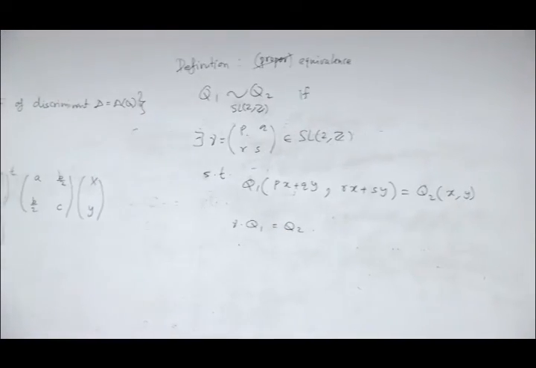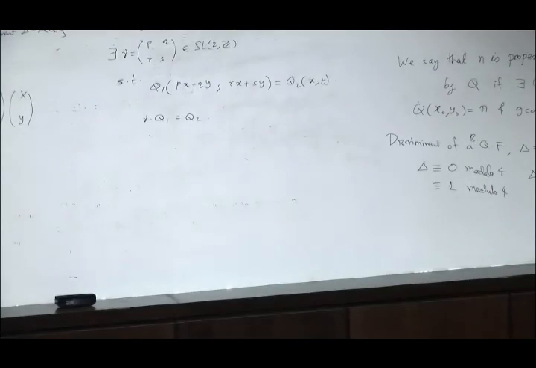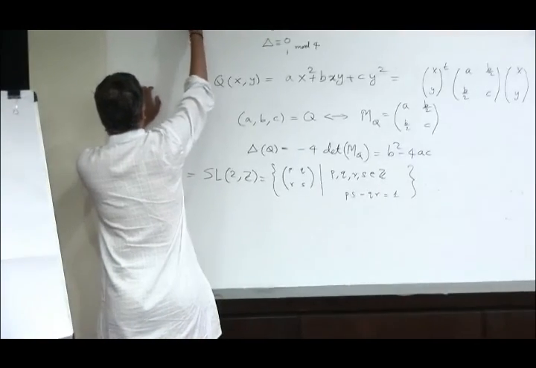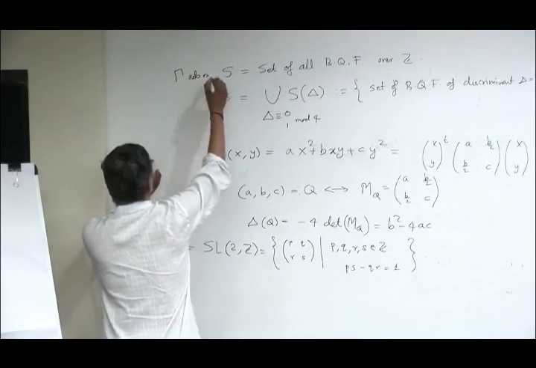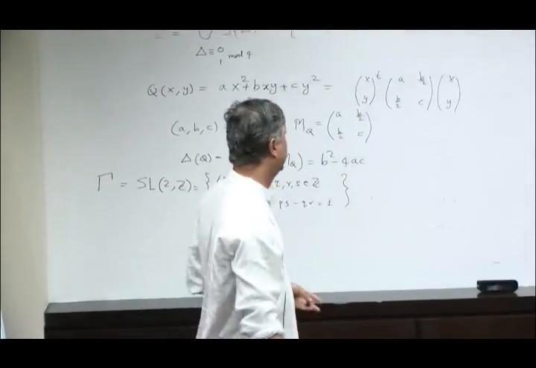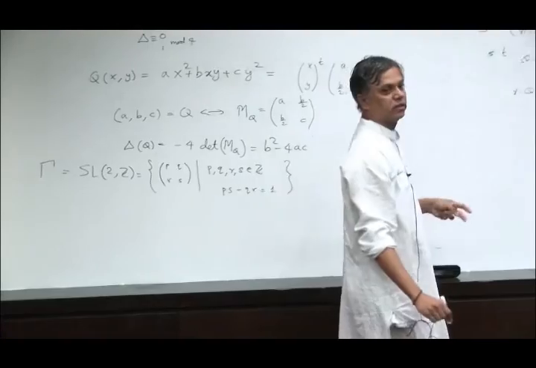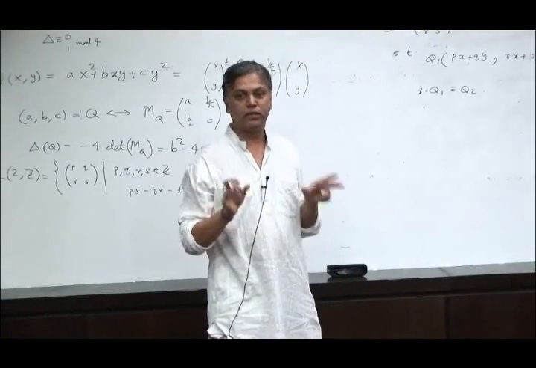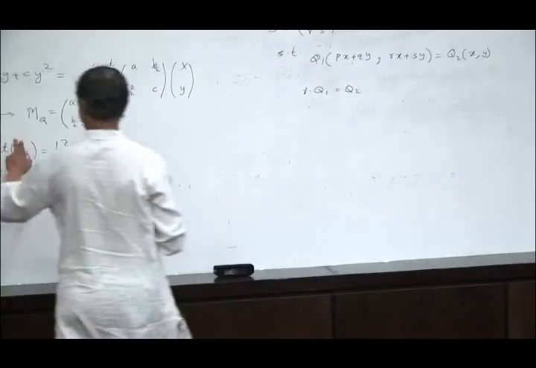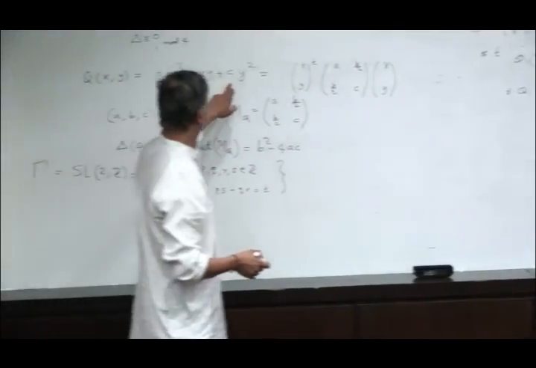So this is a group SL2(Z) acting on the set of quadratic forms, and that's my set S. Let's call this element gamma, standard notation. Whenever you have a group acting on a set, you can partition that set, and interestingly, it preserves all quadratic forms with a given discriminant. That is also an easy consequence of the way of writing we wrote down here.